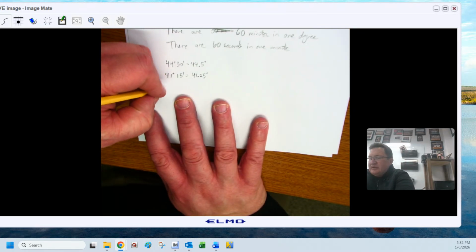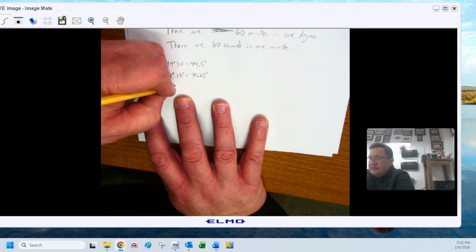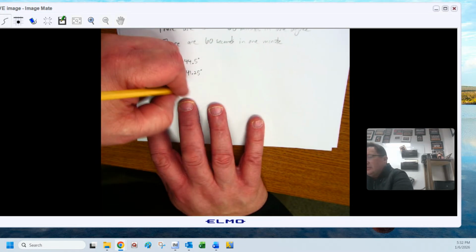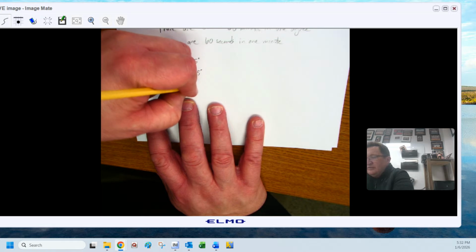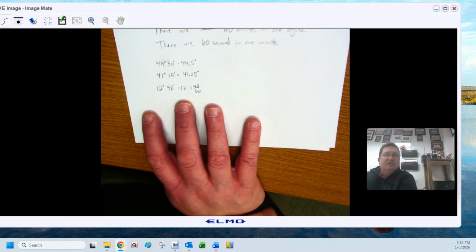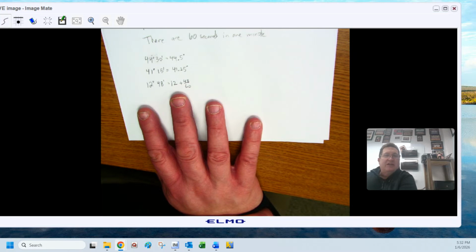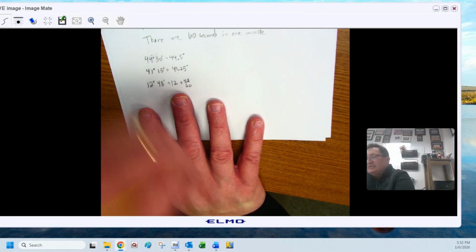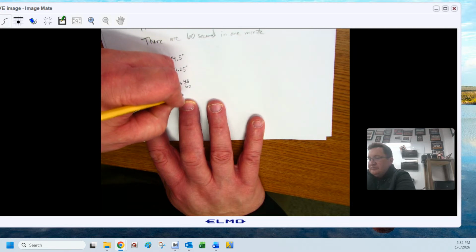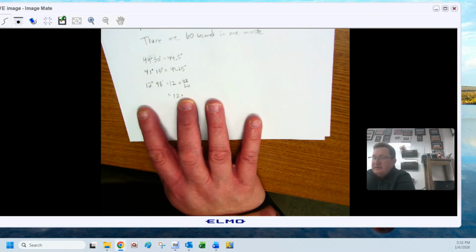But then, if you get to ones that maybe aren't as easy for you, 12 degrees, 48 minutes, you'd be like, okay, that's 12 plus 48/60ths. All right. And so this is one that you can probably do without a calculator. 48 and 60 both have a factor of 12.